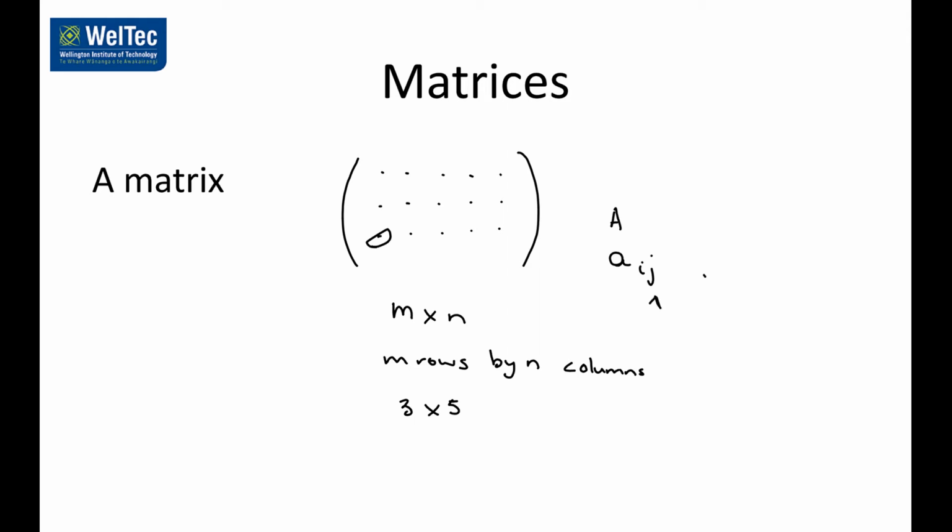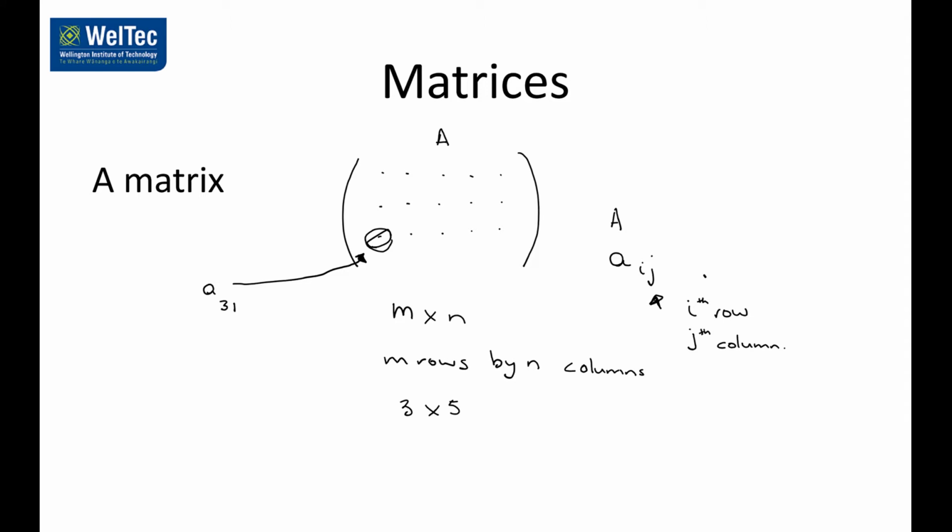And what we're talking about is the element that's in the ith row and the jth column. So the one that I've marked there, if we're calling this A, would be the element in row 3 and column 1. So that's that element there.